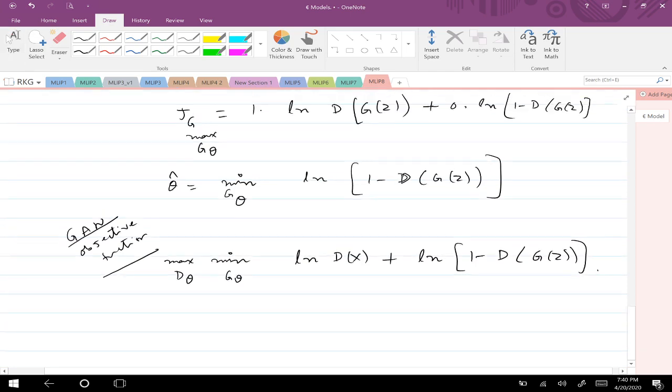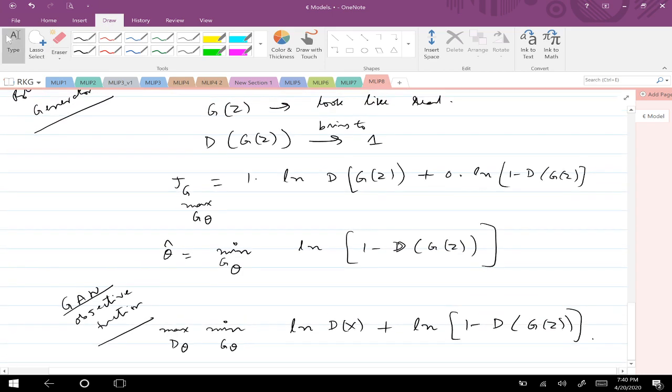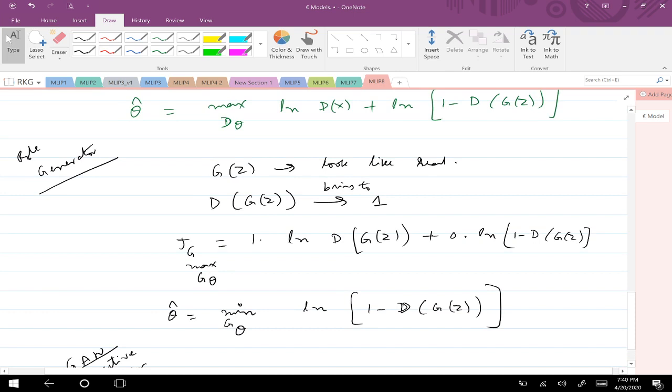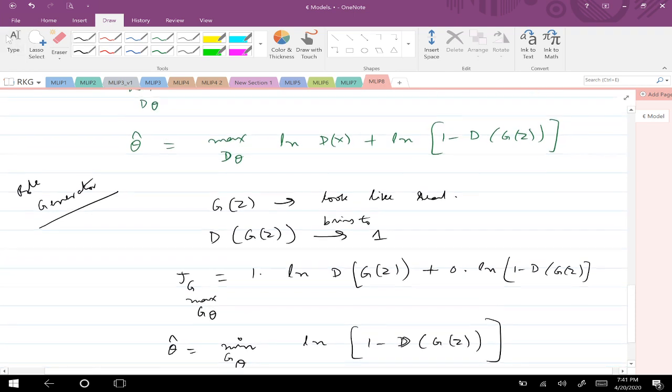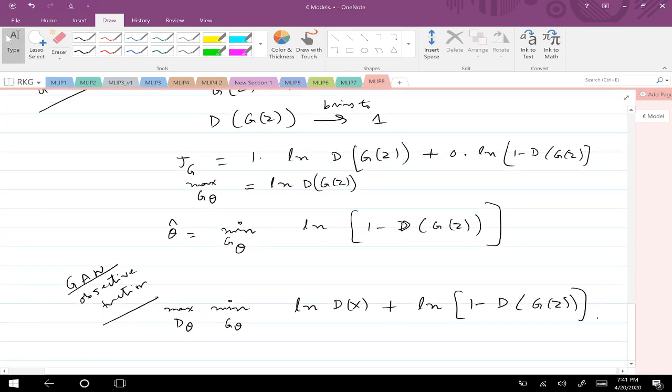It can be done directly like this, maximizing once with respect to the discriminator, and then checking with respect to the generator's parameters. Or it can be done as two maximization problems, where one cost function is maximized for the discriminator and the cost function given by ln of D of G of Z is maximized for the generator.